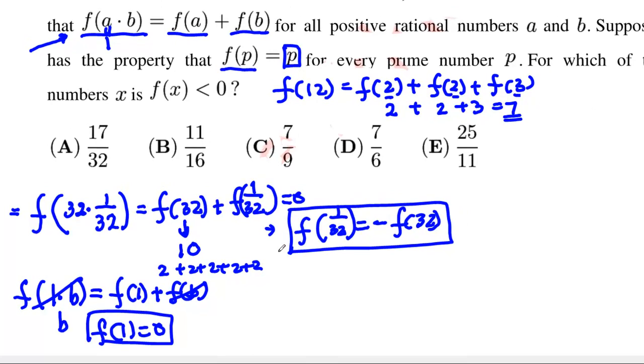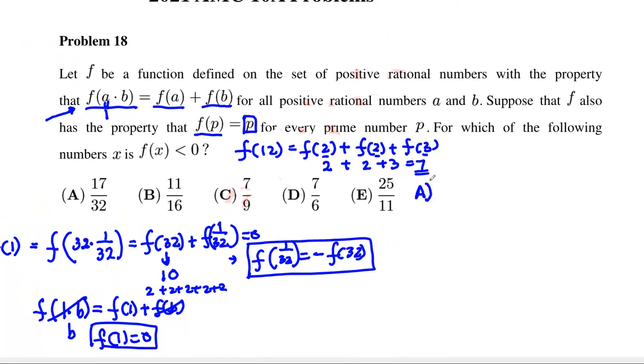Now check out choice A. A is f of 17 over 32, which is f of 17 plus f of 1 over 32. Now take B: 11 over 16, so 11 times 1 over 16, we separate it: f of 11 plus f of 1 over 16.